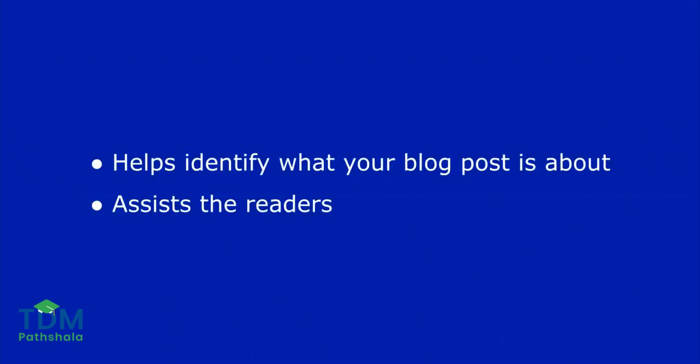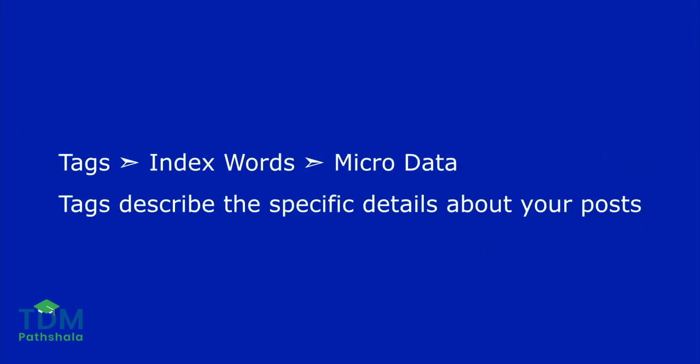Categories are also there to help identify what your blog post is really about. And they assist readers in finding the right type of content on your website by simply choosing the category that interests them and browsing through posts under the selected category. While tags are meant to describe specific details on your post, you can think of these as your site's index words.